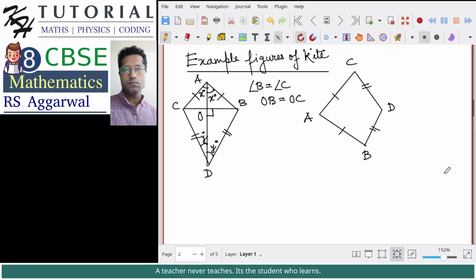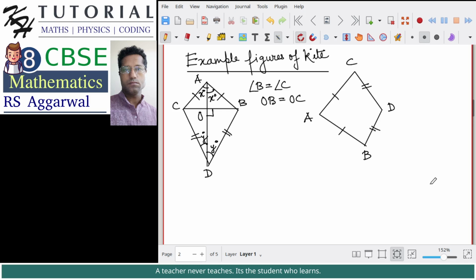Now from this figure, you can possibly make out which are the two pair of opposite angles equal. Now it may not be obvious by seeing the figure.